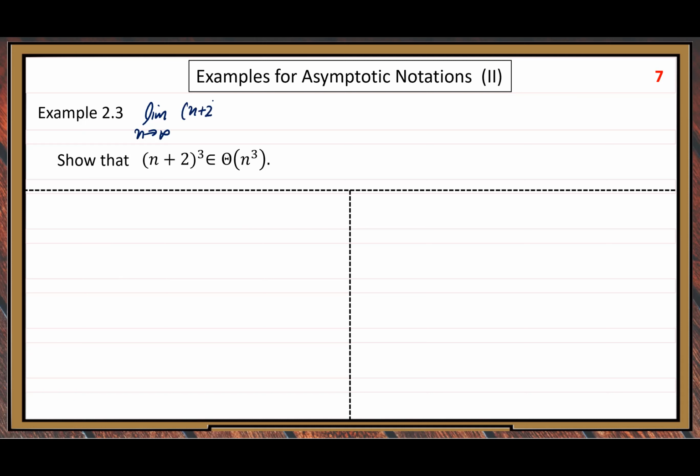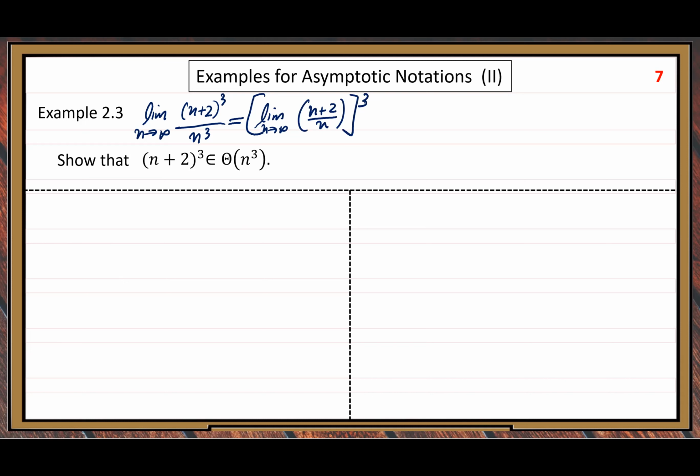The limit of (n plus 2) cubed over n cubed equals the limit of ((n plus 2) over n) cubed.